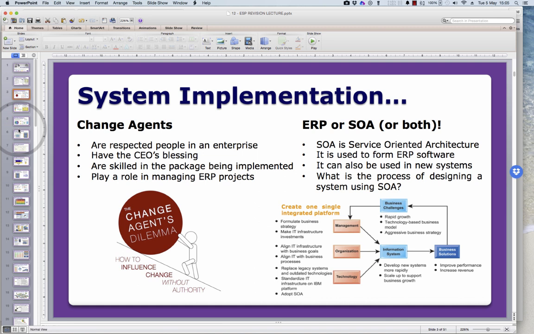So system implementation. The first thing I've looked at in there are change agents. So what are change agents? Well, particularly when you've got an ERP project, which is a very complex project that involves human issues, bringing teams along with you, in those situations you need not only the people who are installing the hardware and software, and you'll have a project board which will be making decisions on what hardware and software to buy and when to buy it and how much it's going to cost and what's acceptable.